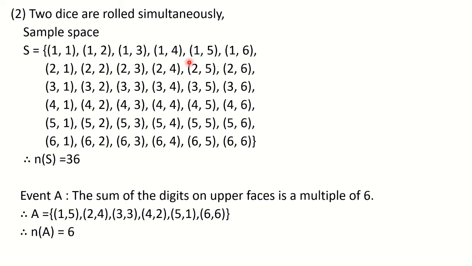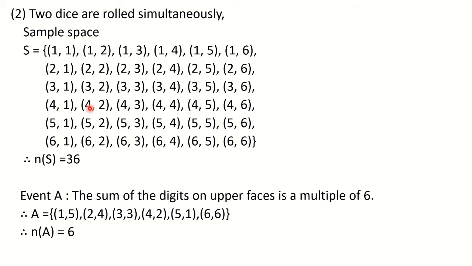So write down all the sample points from here whose sum is 6 or 12. In the first line you will have only one sample point, that is 1 comma 5. Write that first. Then from the second line 2 comma 4, the sum is 6. From the third line 3 comma 3, the sum is 6.